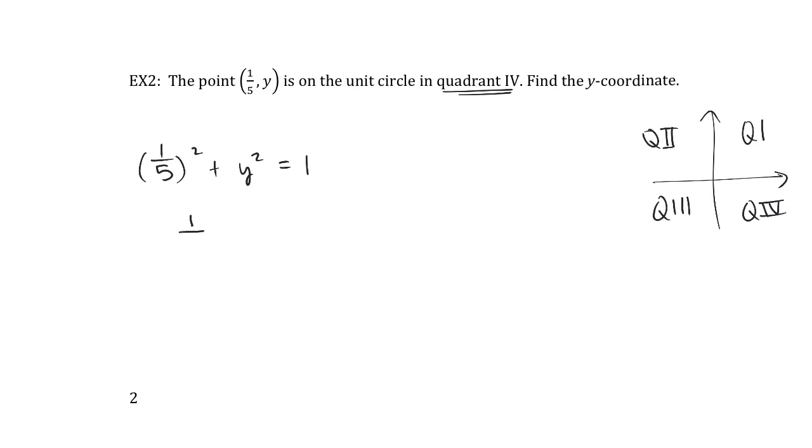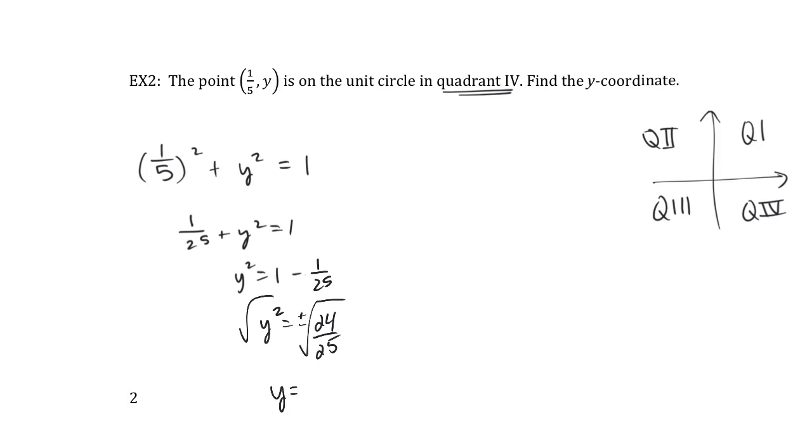So squaring that, I get 1/25 plus y² equals 1, and subtracting 1/25 from both sides, I would get y² equals 24/25. Then I can take the square root of both sides, and so y is equal to either the positive or negative.